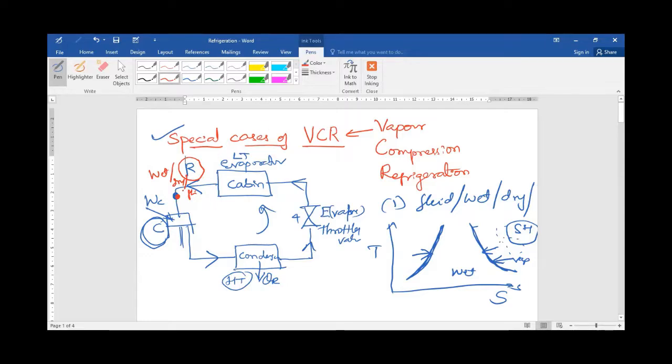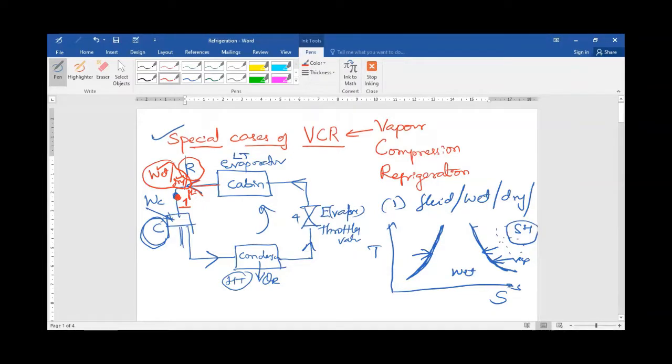In almost all cases, the condition of the refrigerant at the inlet of the compressor, that is at point number 1, may be wet or dry. Out of these two, he has to give any one condition. Must and should, he should give this condition.